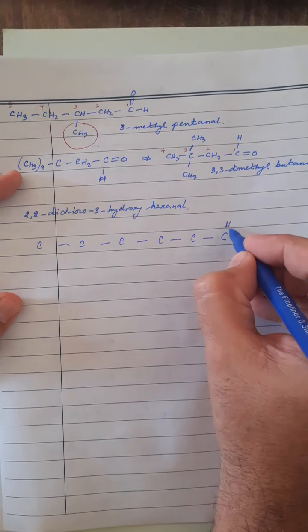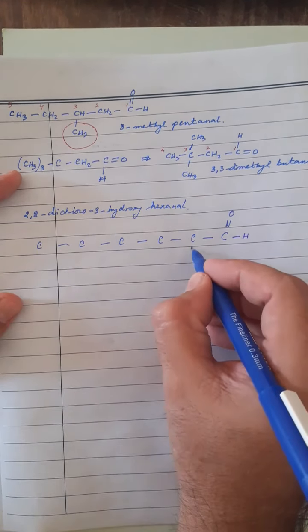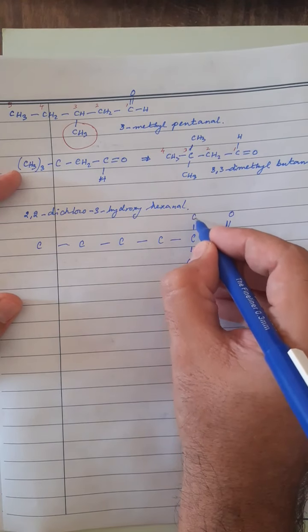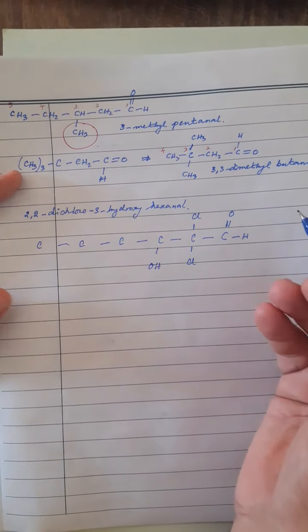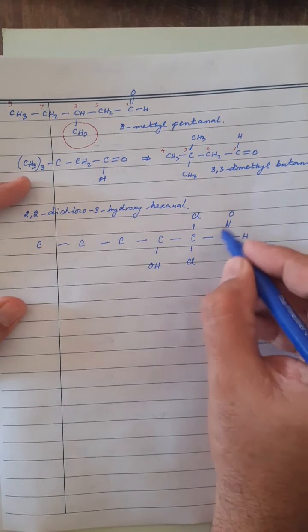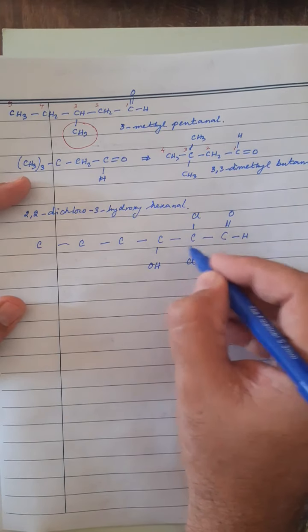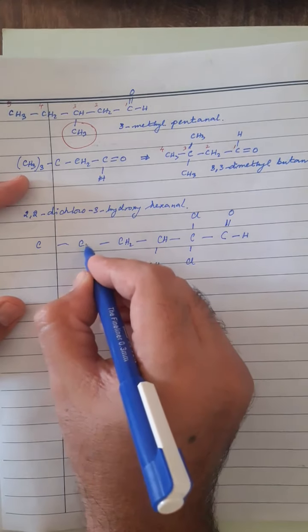First carbon is always carbonyl. Second carbon, 2 chloros. Third carbon, the hydroxy. And then what do we do? Hydrogen? Yeah. 4 bonds, no hydrogen. 3 bonds, 1. You know this, right?